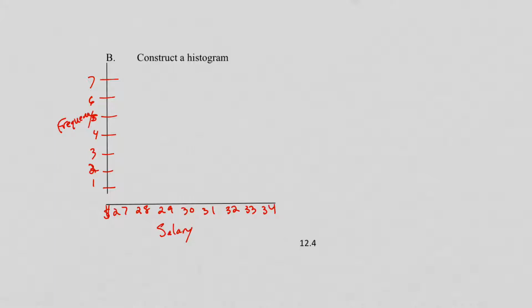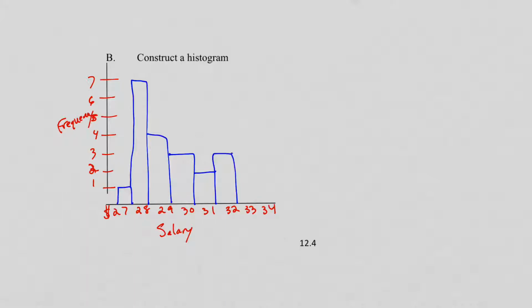So again, we use the same numbers we just used in our frequency distribution chart. So 27, there's only one, so we're going to draw a bar graph there. 28, there are 7. 29, there are 4. 30, there are 3. 31 was 2. 32 was 3. 33 was 3.